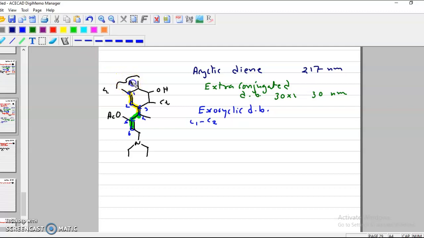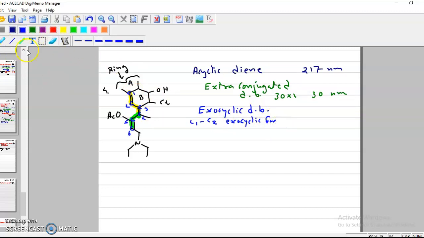Because there are two rings, A and B. Look at this bracket. This bracket indicates the ring. Okay, so we will consider this as a ring, and therefore C1, C2 is exocyclic for the B ring. Why? Because C1 is, sorry, not for the B ring, but for the A ring.